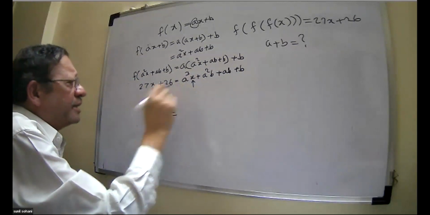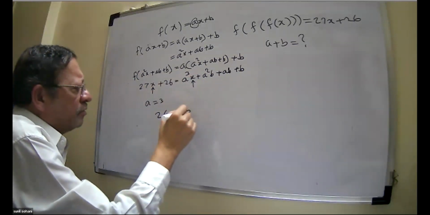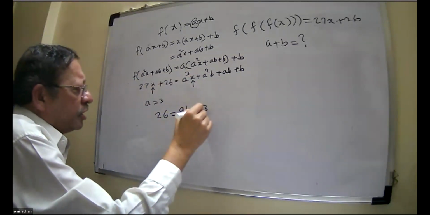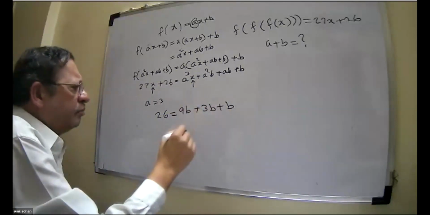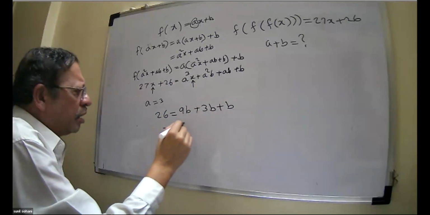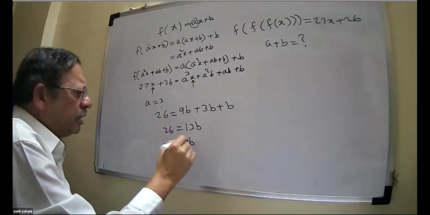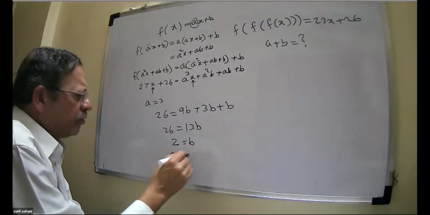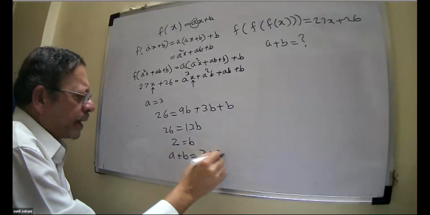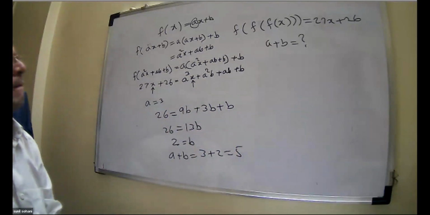Now we have understood a is 3, so a square b is 9b, ab is 3b, and b. Now 9b plus 3b plus b is 13b, so b is definitely 2. Therefore the answer required for a plus b will be 3 plus 2, 5.